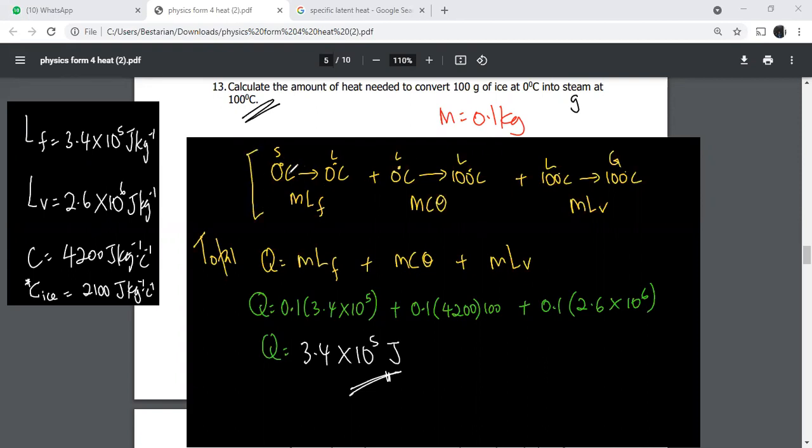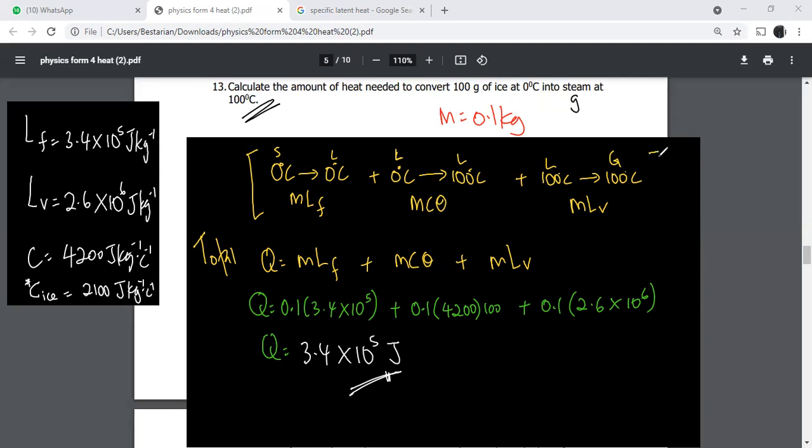The solid ice at 0 degrees Celsius will melt first, so this is melting, to become liquid at 0 degrees Celsius. Then the liquid will further increase its temperature, from 0 degrees Celsius water to 100 degrees Celsius water, mc theta, temperature increases.